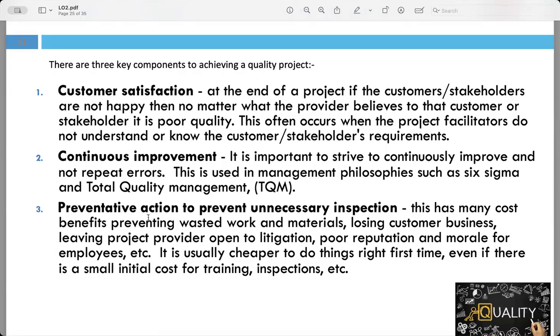Lastly, preventative action to prevent unnecessary inspection. Preventative action is better than fixing things after they go wrong. So by doing things correctly the first time, such as providing training, doing inspections, or setting high standards, you save time, money, and your reputation. So don't wait until something fails. Plan ahead to prevent errors or any mistakes.